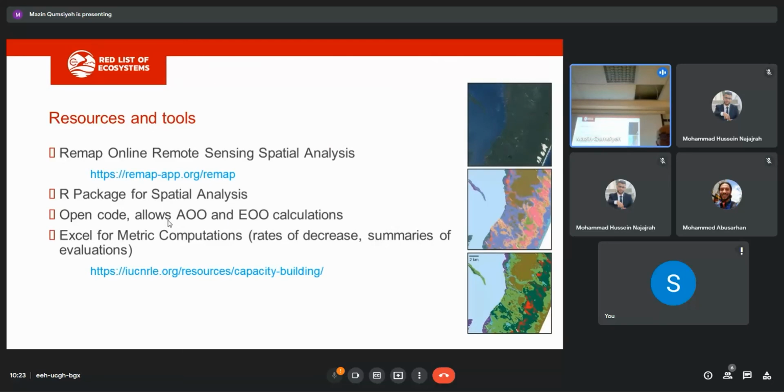You also have access through this portal to software to make cartography and spatial analysis. All of them you can have access to for free, you don't have to pay. Most of them are open source, but you need to learn how to apply them.